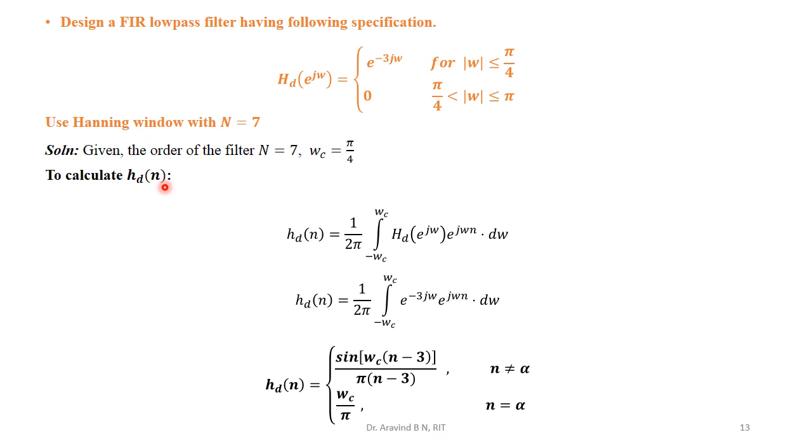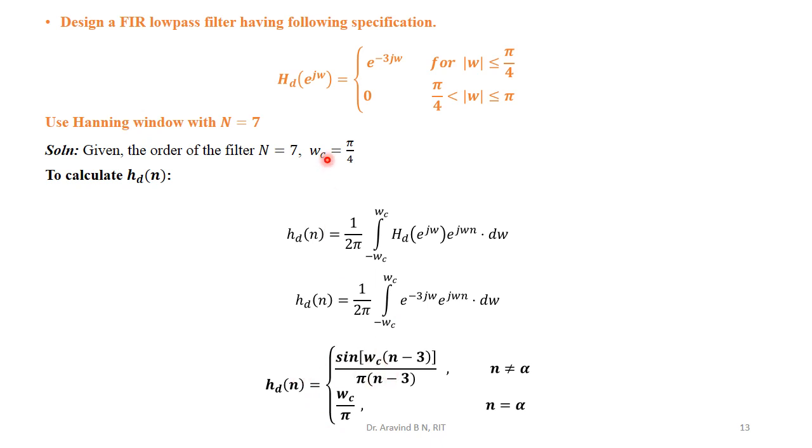So you are requested to refer to the rectangular window solution for such data. Then further we are going to make use of the Hamming window. By referring to that procedure, we get HD of n as this representation.